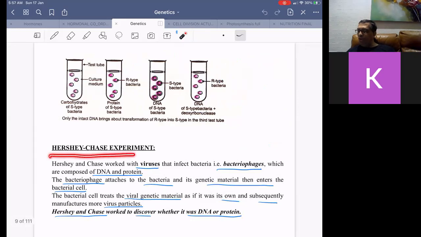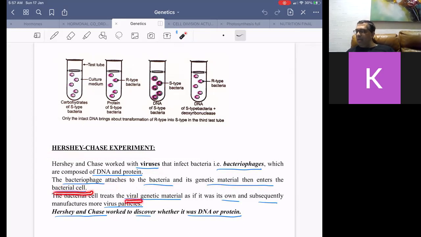What was Hershey and Chase's experiment? Hershey and Chase worked with viruses that infect bacteria, that is called bacteriophages, which are composed of DNA and proteins. And check this here. A bacteriophage attaches to the bacteria and its genetic material enters a bacterial cell.